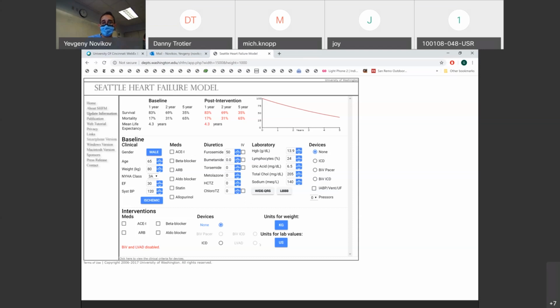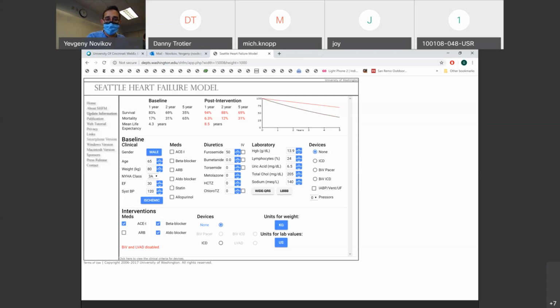So you can see this patient is being very inappropriately treated because they're not on any meds that we should have them on other than a diuretic. And let's say you put them on an ACE inhibitor, a beta blocker, and an aldosterone antagonist, and you can see with interventions how much improvement they have in survival, mortality, and mean life expectancy.